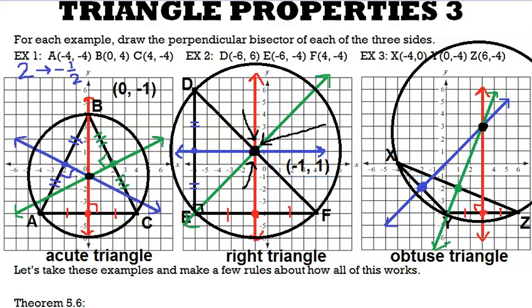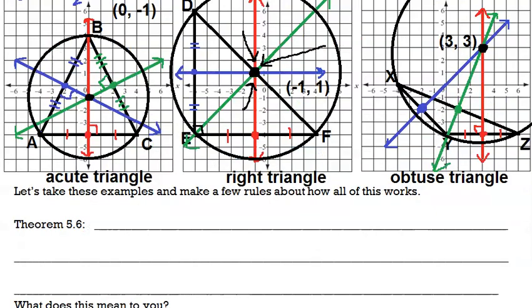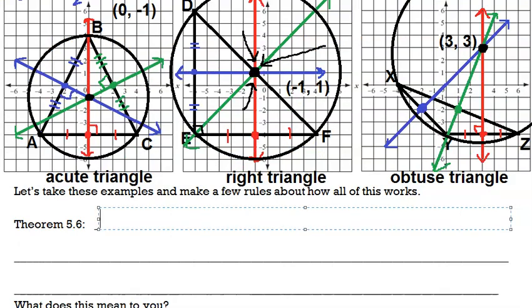And if your triangle is obtuse, the place that they meet up is actually way out in outer space. In this case, it was at 3, 3. So that is not a coincidence. None of the things that just happened are coincidence. All right, let's get to the theorem involved here.